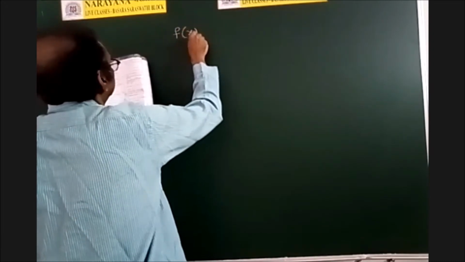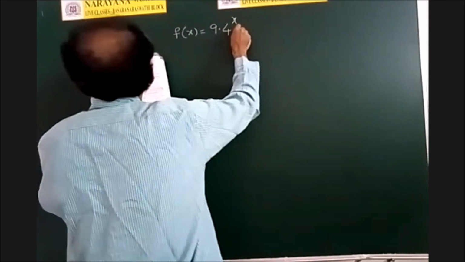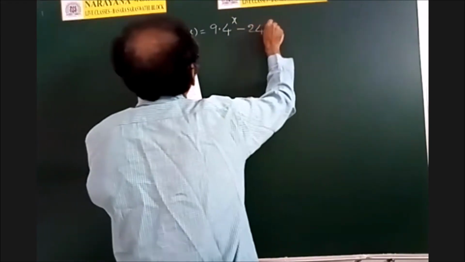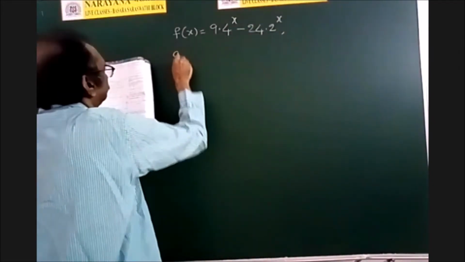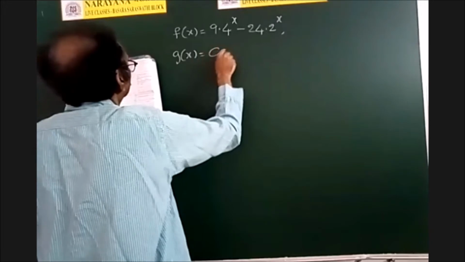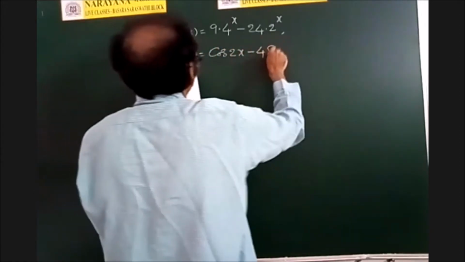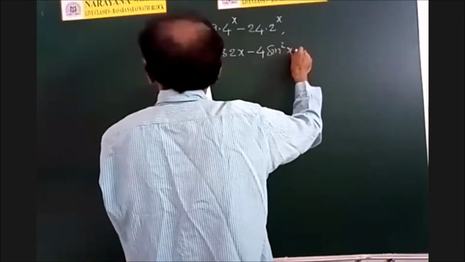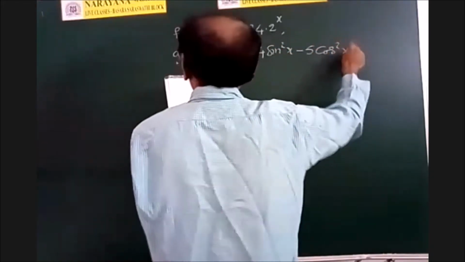F of x is equal to 9 into 4 power x minus 24 into 2 power x and g of x is equal to cos 2x minus 4 into sin square x minus 5 cos square x.